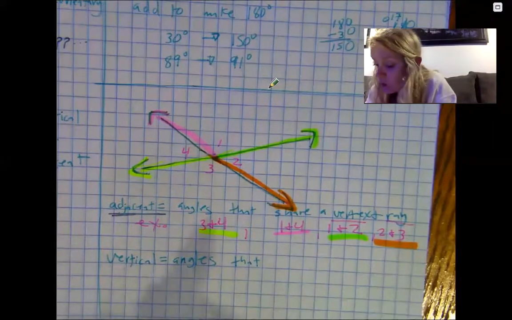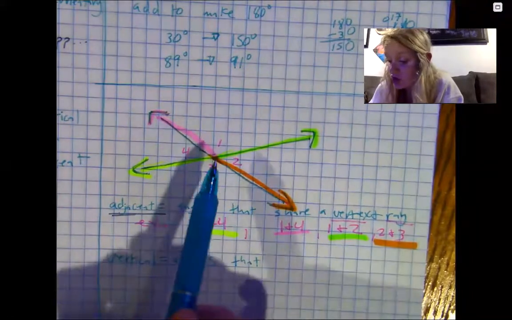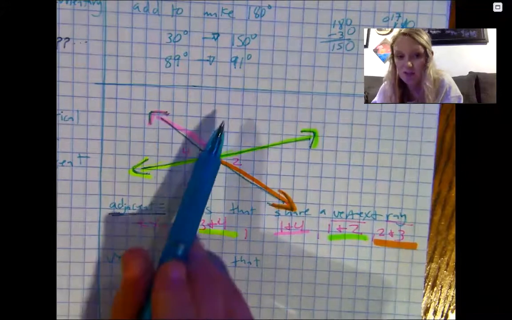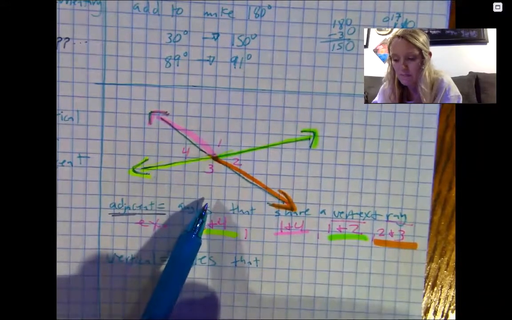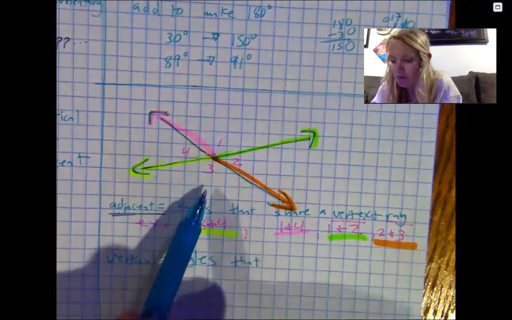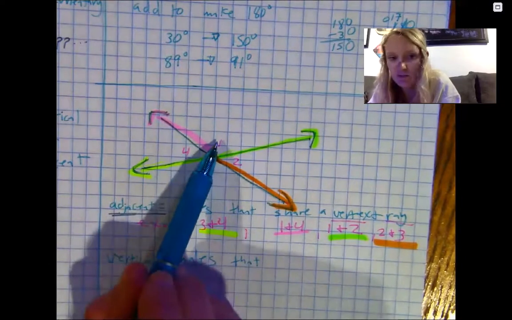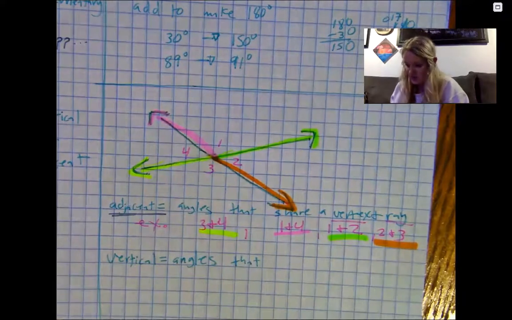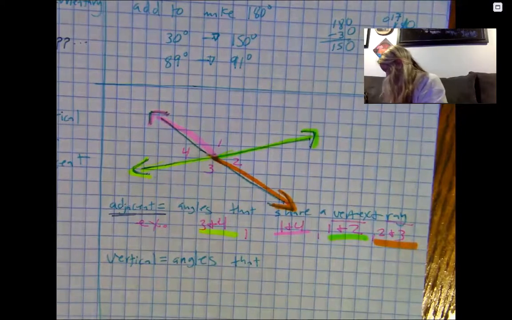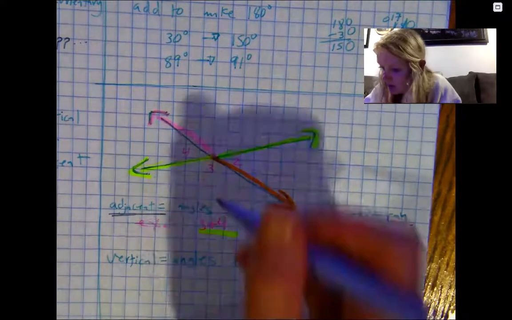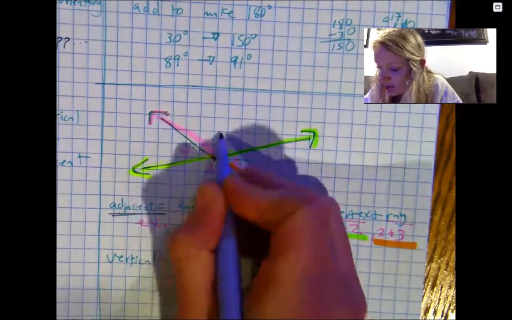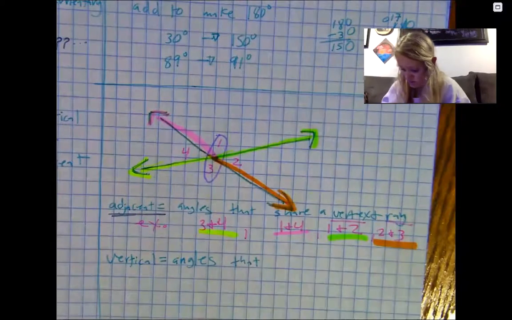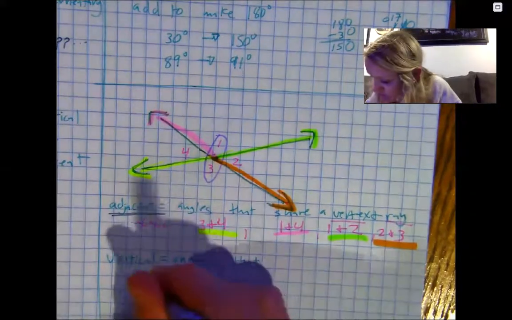Okay, so vertical angles are angles that share this vertex, but they're on opposite sides of 2 intersecting lines. Okay, vertical, like if I was to jump to 3, I'd get to 1. If I was standing up and down, I'd jump from 4 to get to 2. So in this case, ones that are on opposite sides, okay, so we share this vertex, we're on opposite sides of 2 lines, okay, we'd have 1 and 3.